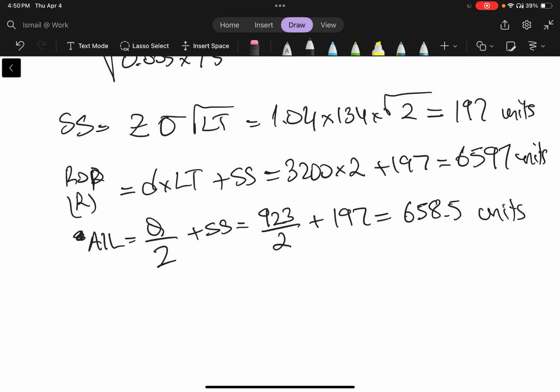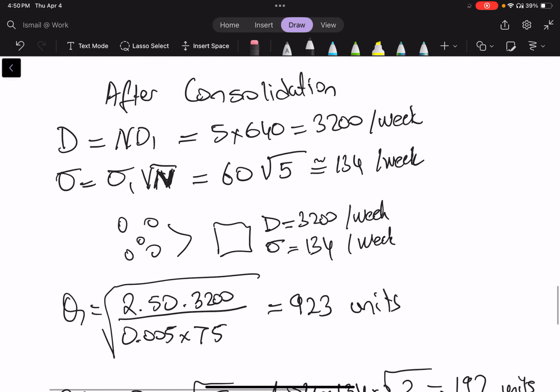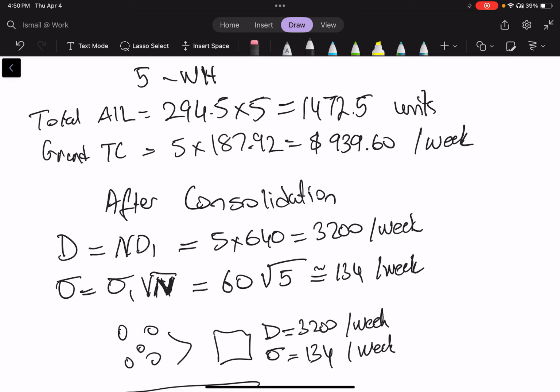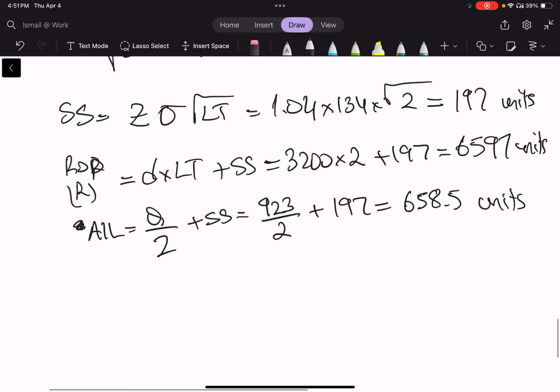Now, each of those smaller warehouses had basically 294.5 units on average, but altogether they had actually much more, right? 1,472.5 units of inventory. Now, after the consolidation, I just need to have 658.5 units of inventory on average, right?